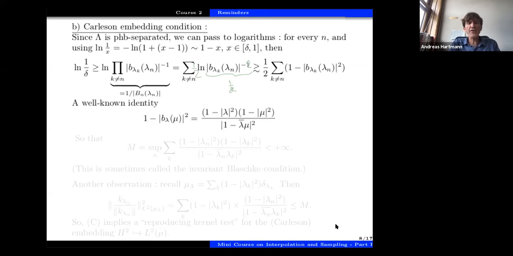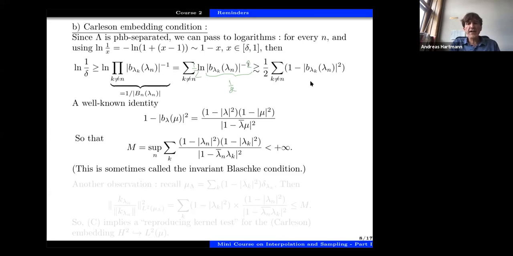Then we have a well-known identity, which is a direct forward computation, that 1 minus this Blaschke factor squared is exactly (1 minus lambda squared)(1 minus mu squared) over this denominator.